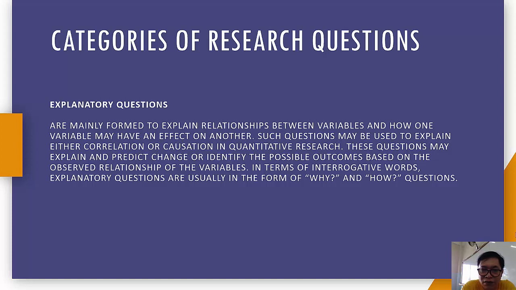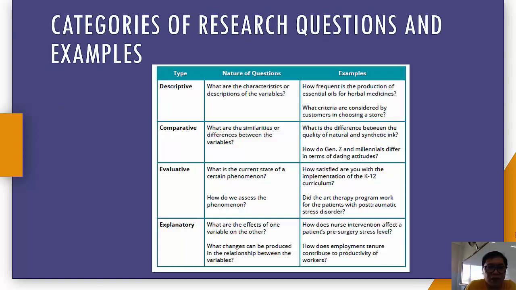In terms of interrogative words, explanatory questions are usually in the form of why and how questions. So this is explanatory: how do the students perform well in mathematics? Why did the students not perform well in mathematics?